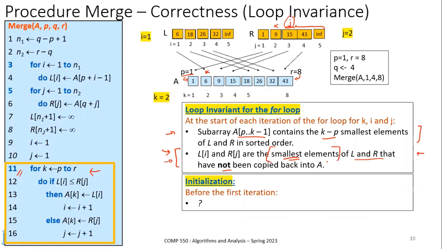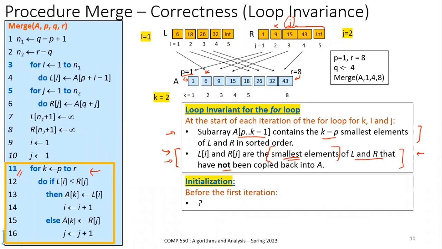So what you're saying is that we need the second part to confirm that some parts of the remainder of L and R have or have not been added to A. If you completely remove this part, we're not saying that you completely do away with the second part.